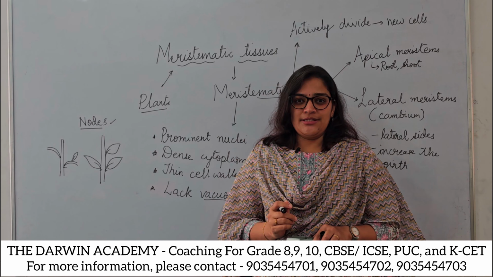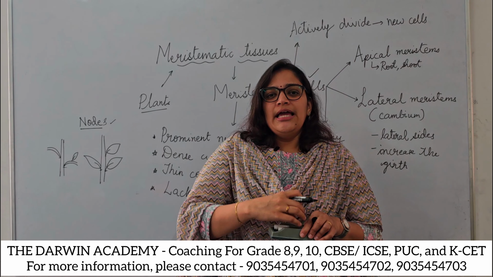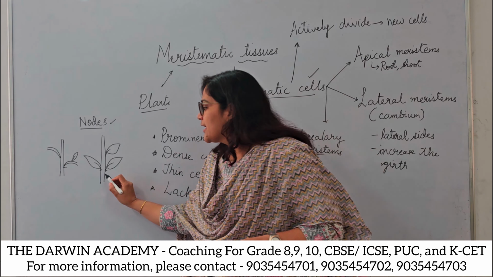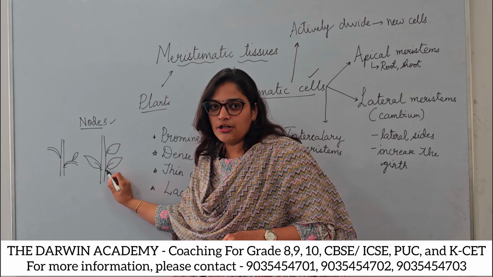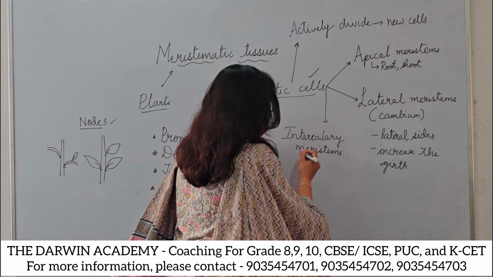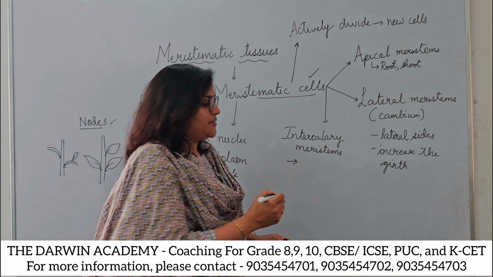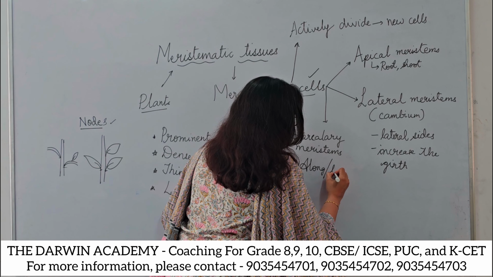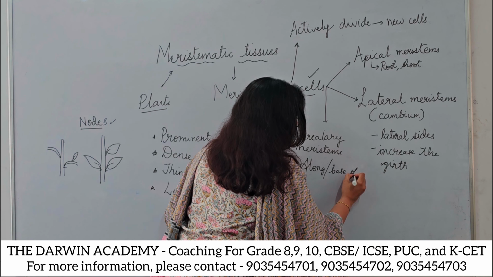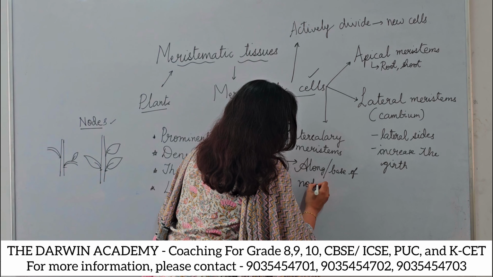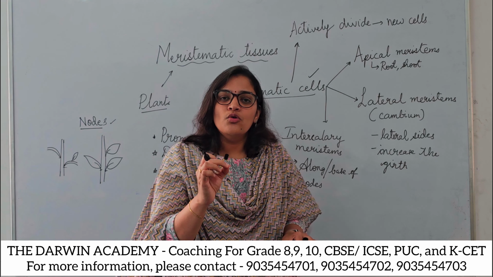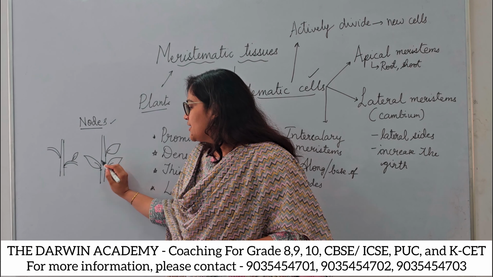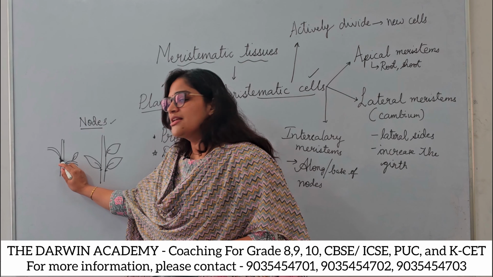For what purpose? To help elongate the branch or to help elongate the leaf stalk. Okay. So where are these intercalary meristems present? Along or at the base of nodes. Nodes. You know what nodes are? These are the points from where the new leaves or the new branches grow.